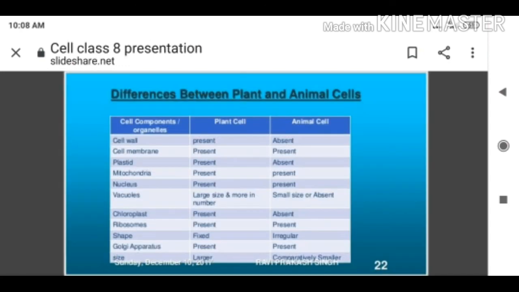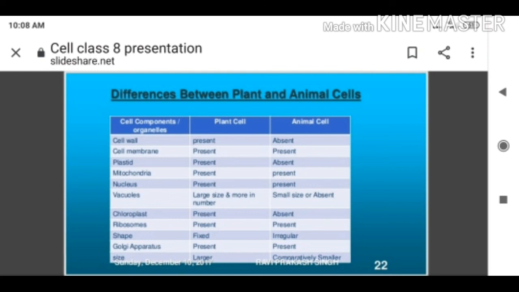Now children, we can easily differentiate plant and animal cells. About the different cell organelles, the points are given. Cell wall is present in plant cell, absent in animal cell. Cell membrane is present in both. Plastid is present in plant cell, absent in animal cell. Mitochondria is present in both.